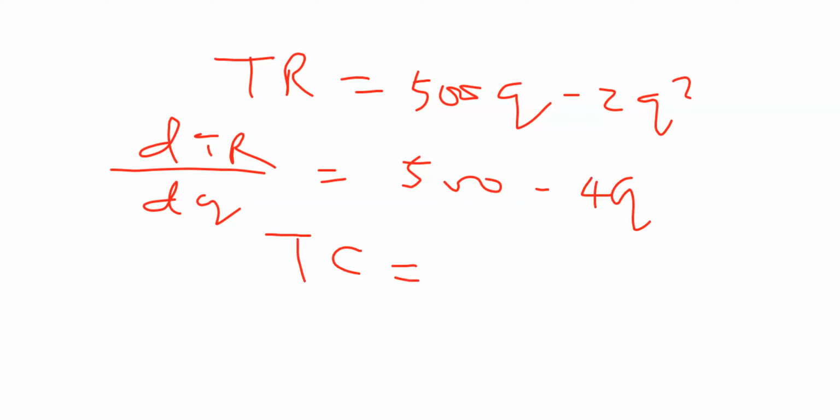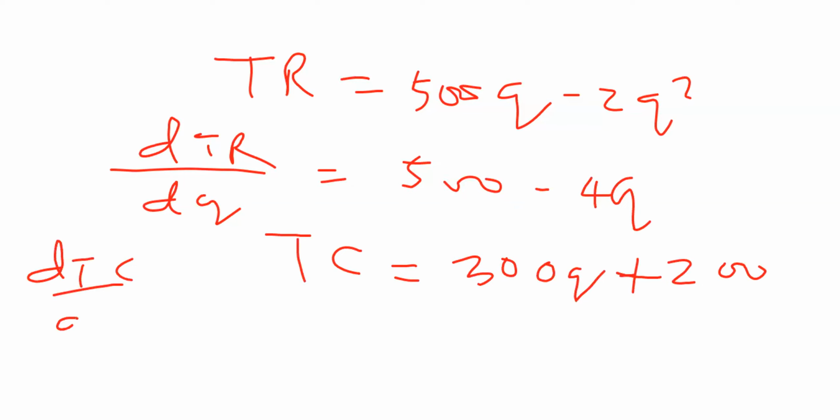Okay, the total cost was 300Q plus 200. No, it's plus 200. Okay, plus. So when you differentiated this, you got 300.